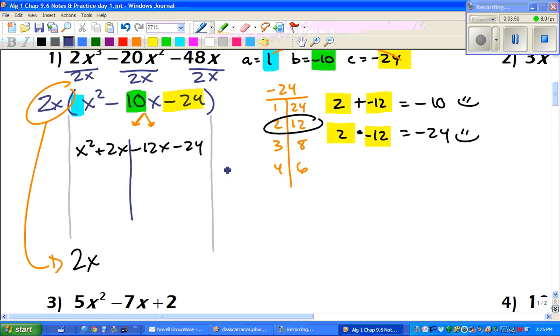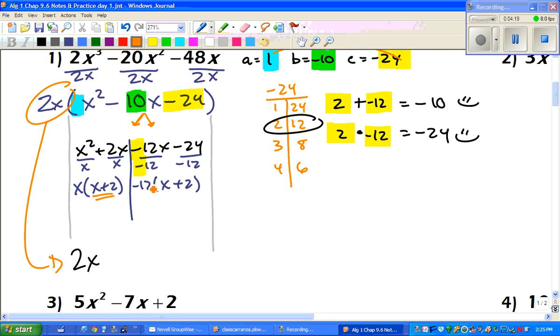We have to split the middle term. The first group we can factor out an x, and here we can factor out a negative 12. The reason why that's negative is if the first term is negative, we're going to make the GCF negative. We get x plus 2, then negative 12, and we get x plus 2.